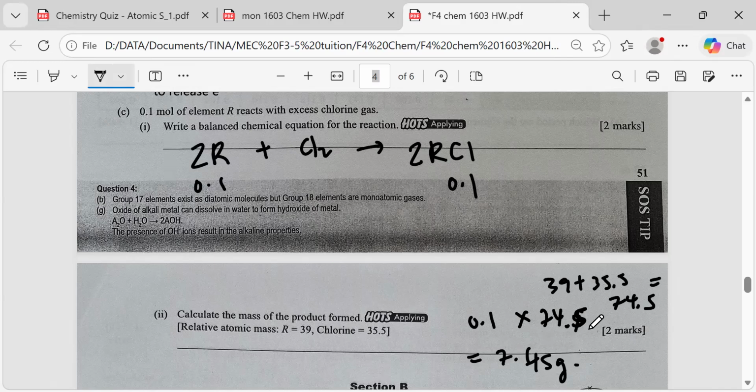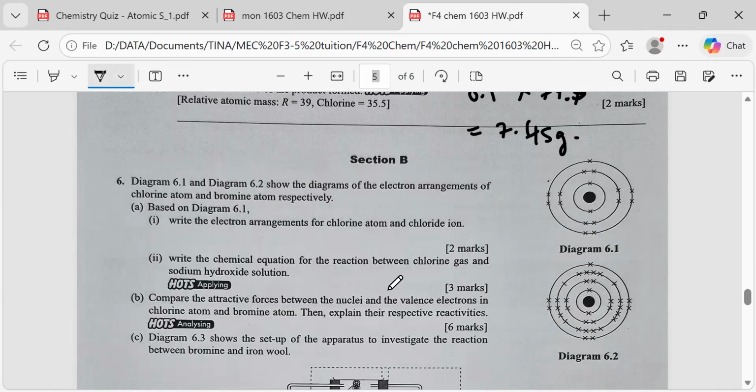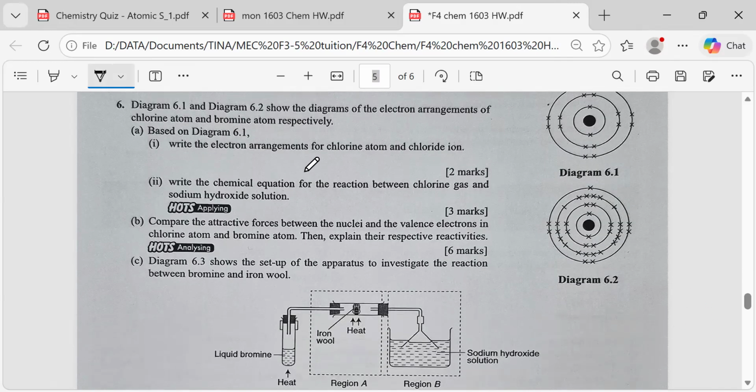All right, ready? Okay. Write the electron arrangement for that. Okay, what's your answer for this and this? 2, 8. And this one is 2, 8.